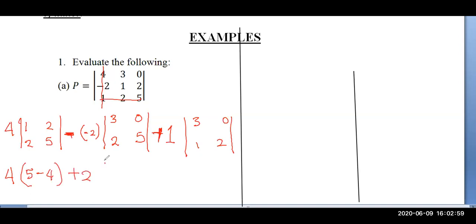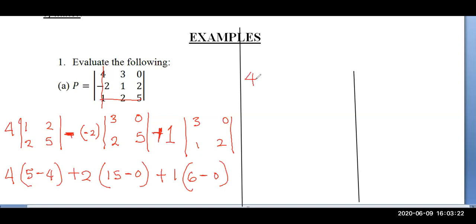Plus 2 into 15 minus 0, plus 1 into 3 times 2 is 6, 6 minus 0, 1 times 0 is 0. So this is what you have. You finally simplify. 5 minus 4 is 1, times 4 you have 4.